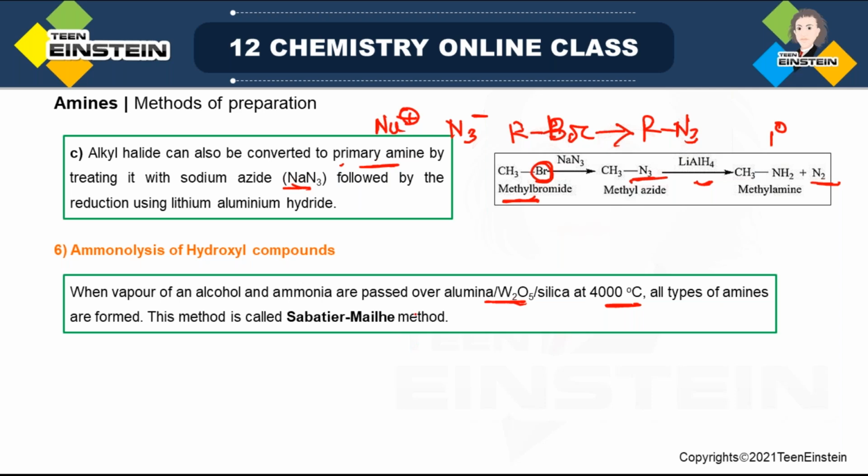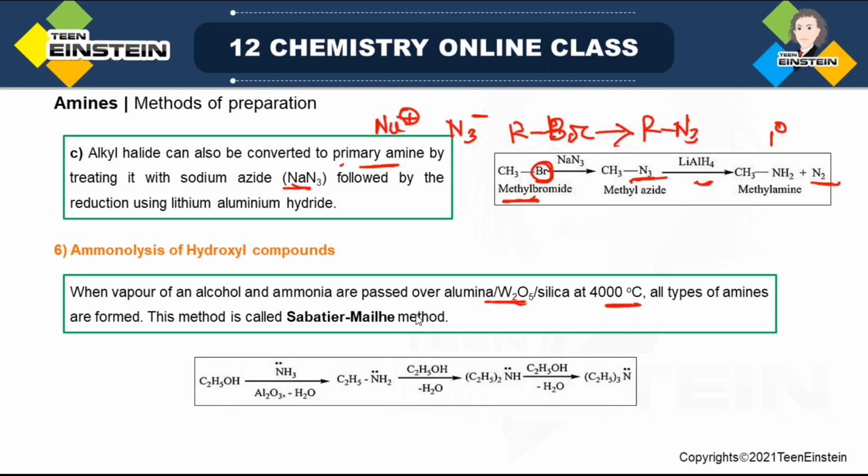Okay, so what we are doing in this case, we are starting from ethanol, C2H5OH. You can take any of these, alumina, WO5 or silica, in the presence of ammonia obviously. So this OH is now replaced by the NH2 group. So in this case you are getting a 1 degree amine.